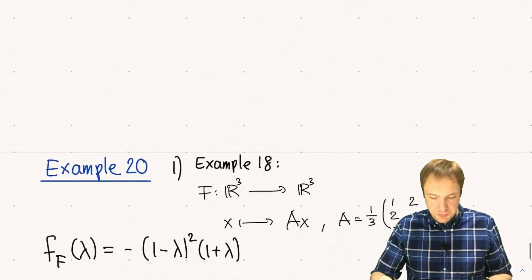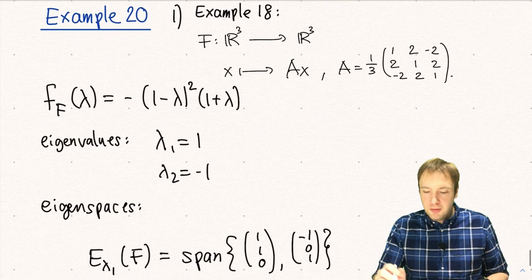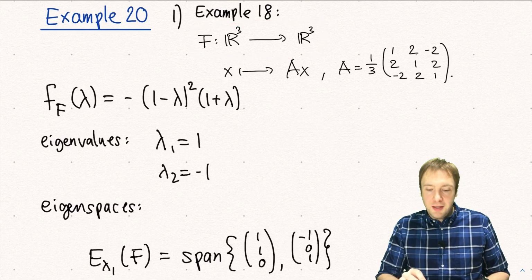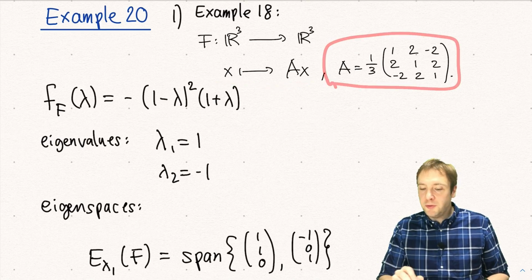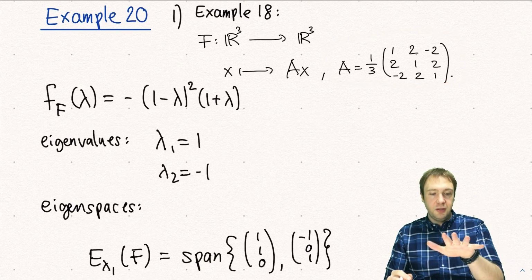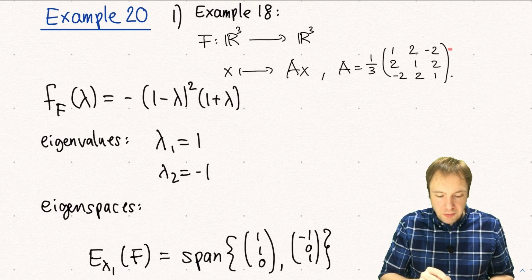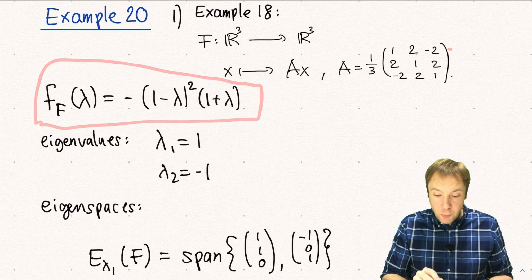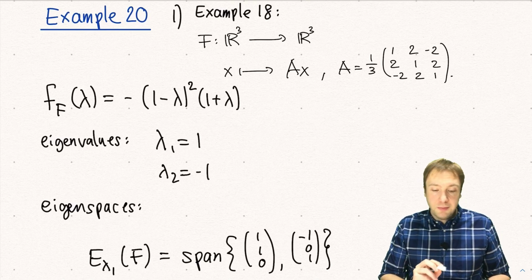So let's do one example for this. Last time we had one example of a linear map F, which was from R3 to R3, and this was given by multiplying with this matrix A. We saw this matrix was given by a reflection onto a plane. And we calculated the characteristic polynomial of this linear map, which was given by (-1 minus lambda) squared times (1 plus lambda).